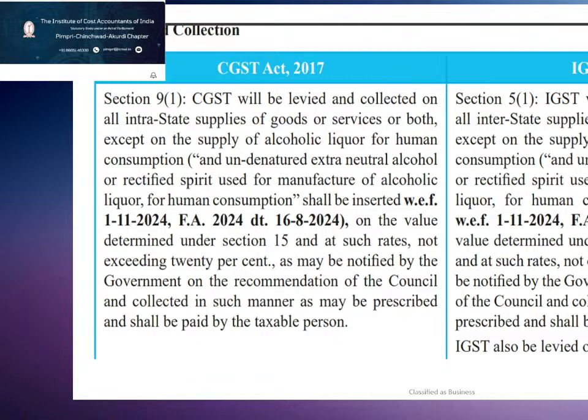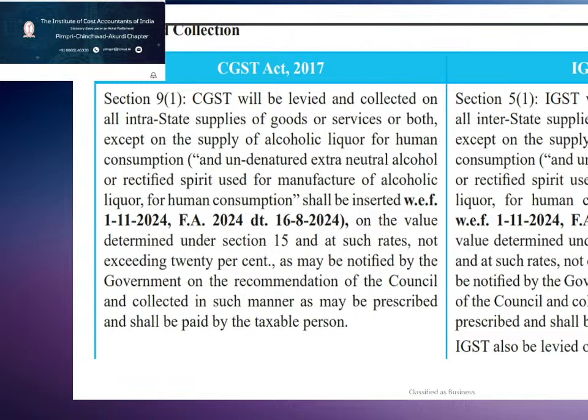Yes, here is the important concept required to solve the problems. Aggregate turnover. So what is meant by aggregate turnover? Because here we are seeing the threshold limit of 1.5 crores, 75 lakhs and so on. So what does 1.5 crore mean?